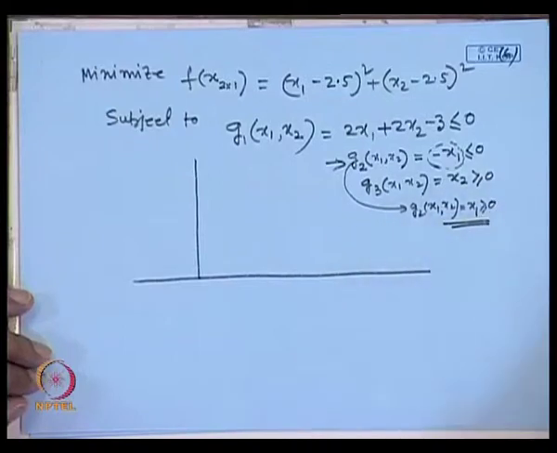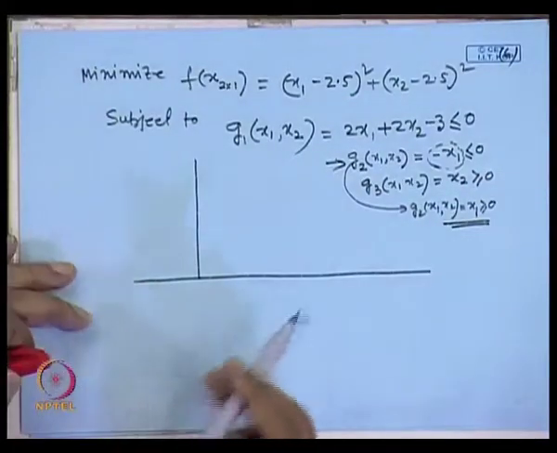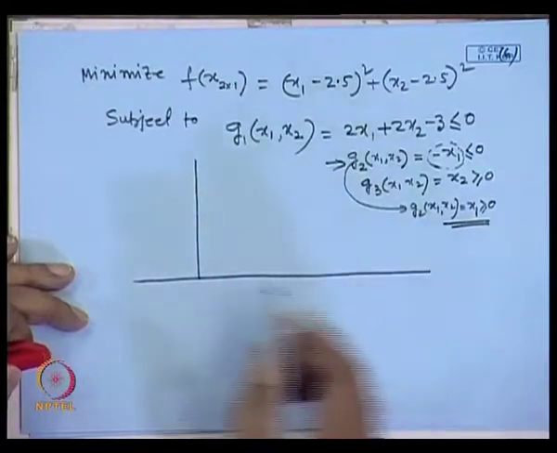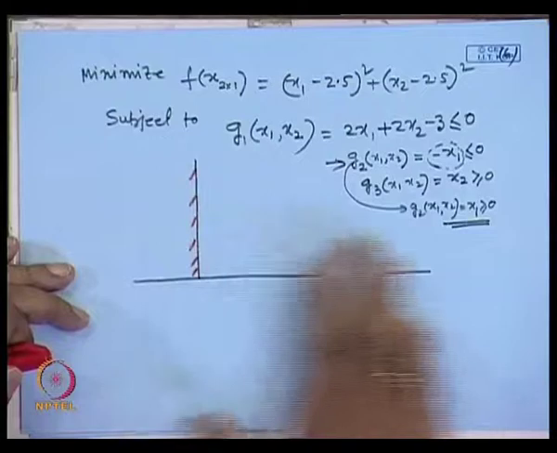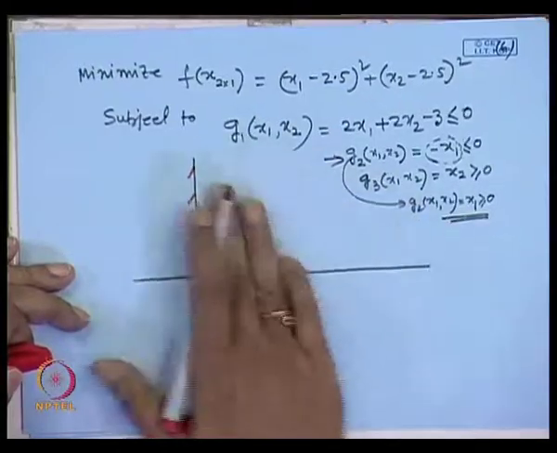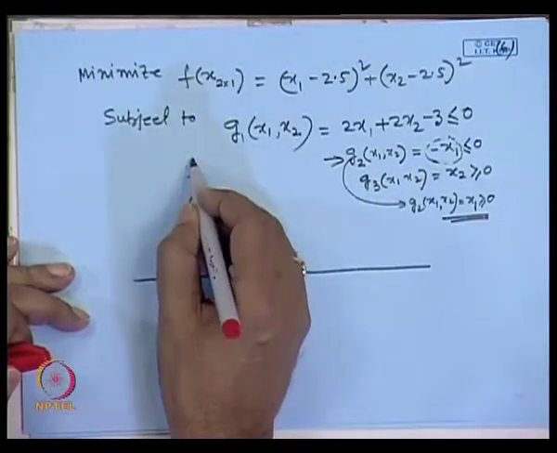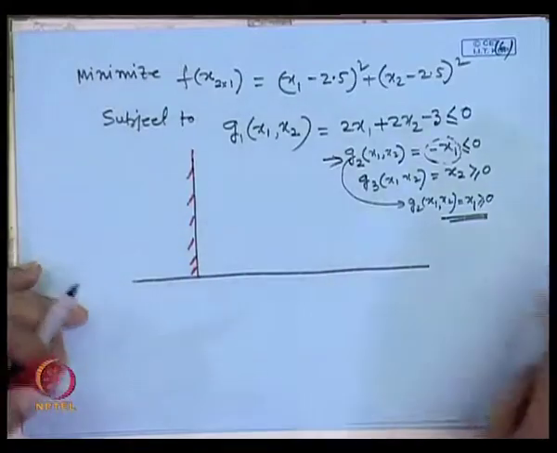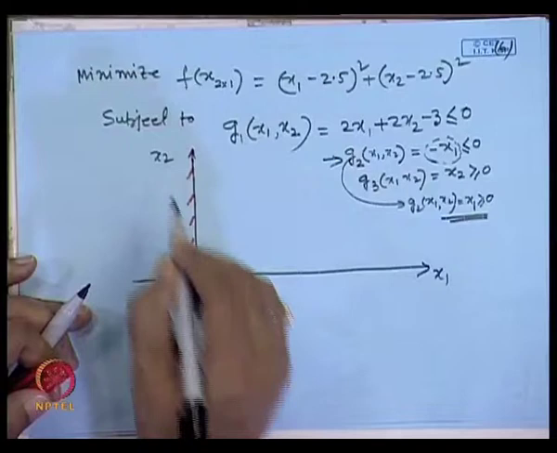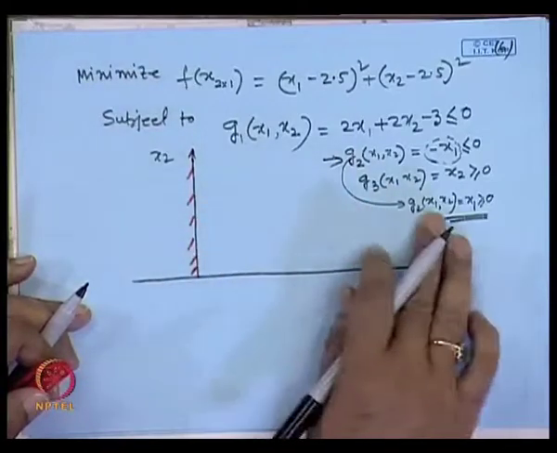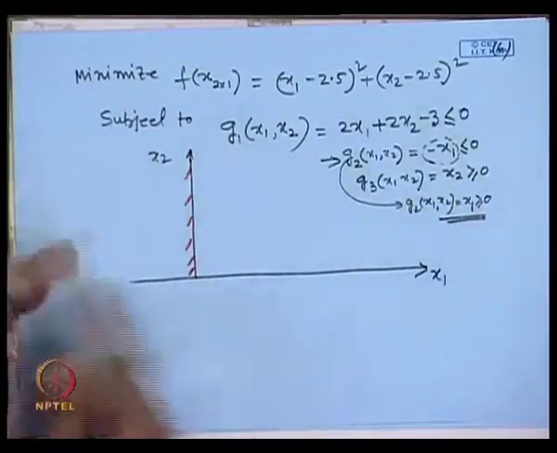That means, this indicates which region, that x 1 is always positive. So, I can see our region of x 1 is this side. If you consider this is our x 1 and this is our x 2, this indicates that x 1 is greater than 0.